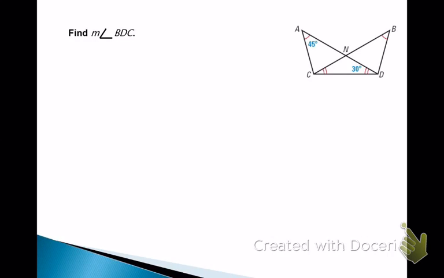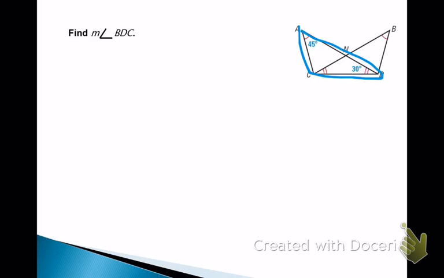Okay, in this next example, we want to find the measure of angle BDC. And right now in this diagram, we know part of angle BDC, but we don't know the whole angle BDC. How can we go find it? Well, actually there's 5 triangles in this diagram, right?